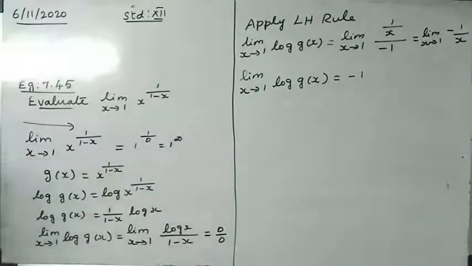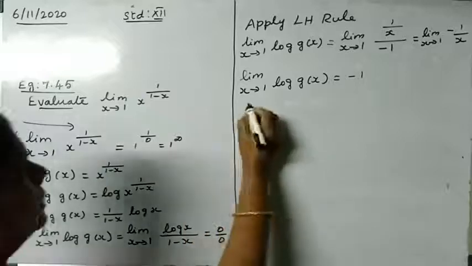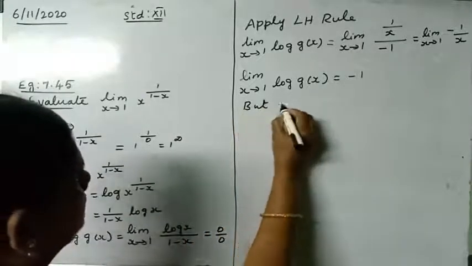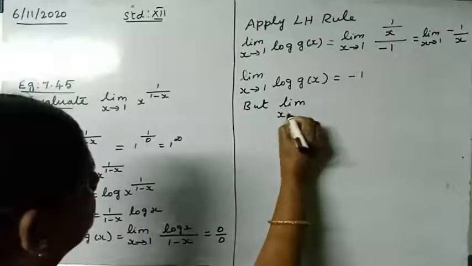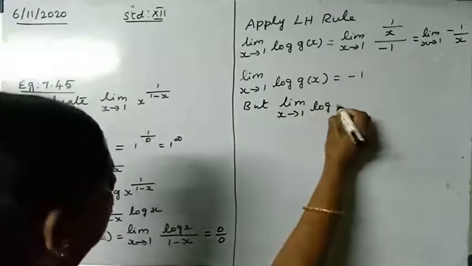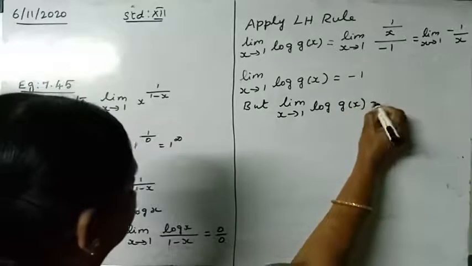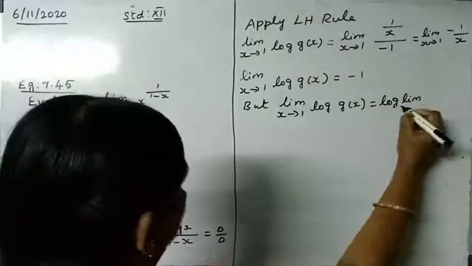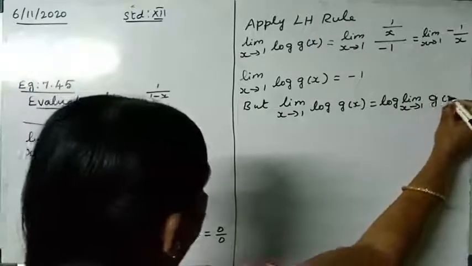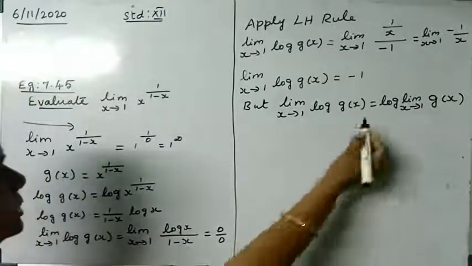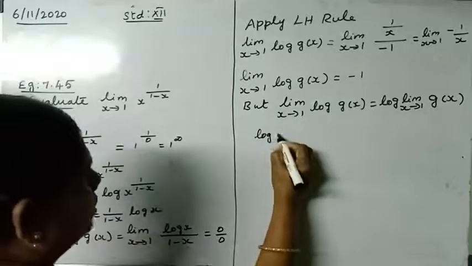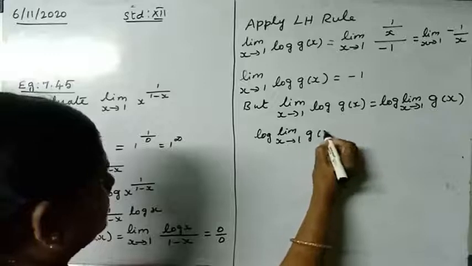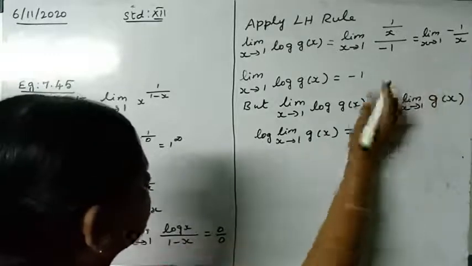So minus 1. Now what? First using the composite theorem, limit x tends to 1 log g of x can be written as log of limit x tends to 1 g of x. So writing this here, log limit x tends to 1 g of x is equal to, what is the answer we have got?